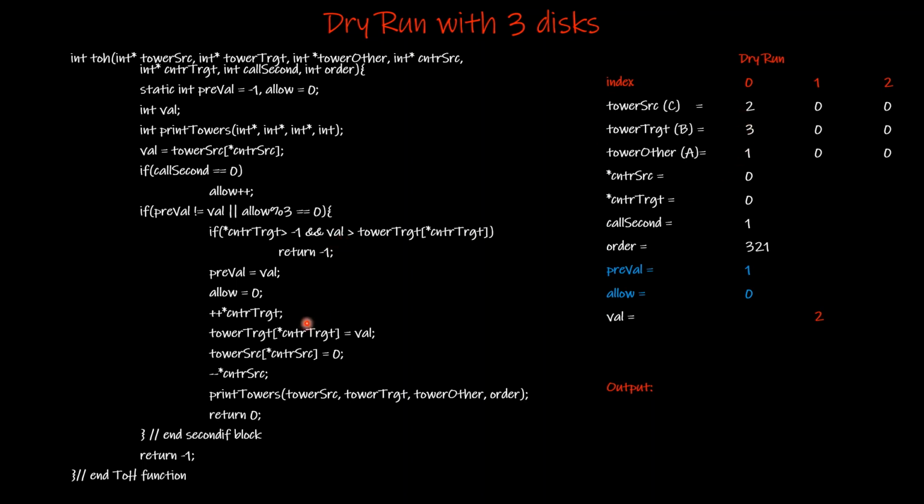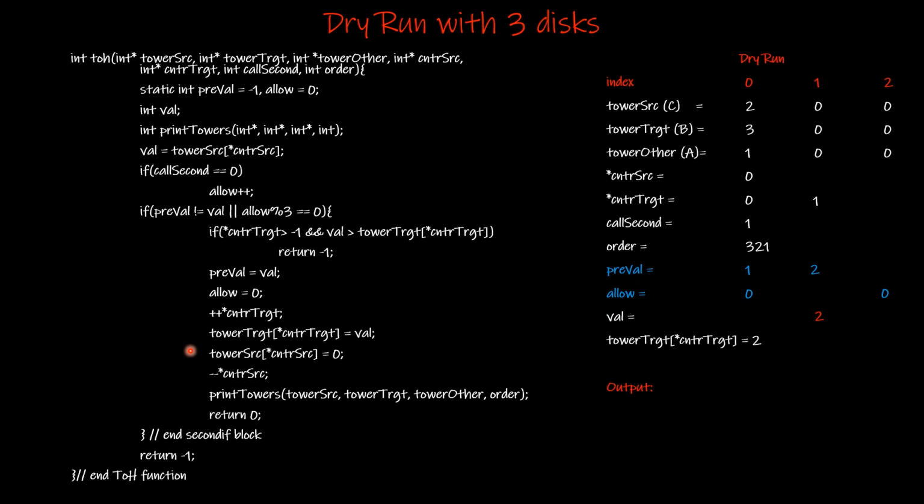If that is not true, the condition is false, so this statement is skipped. We come here, pre-value is assigned the value of the current val, that is 2, so pre-value becomes 2, value is set to 0, that becomes 0, counter target is incremented by 1, so that becomes 1. And the value assigned to the location in the target tower becomes 2.